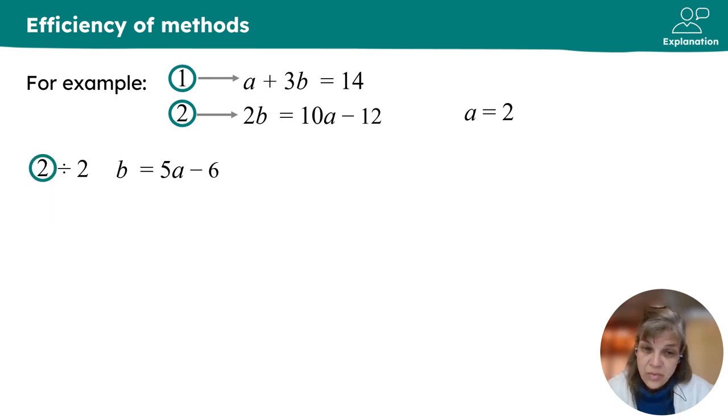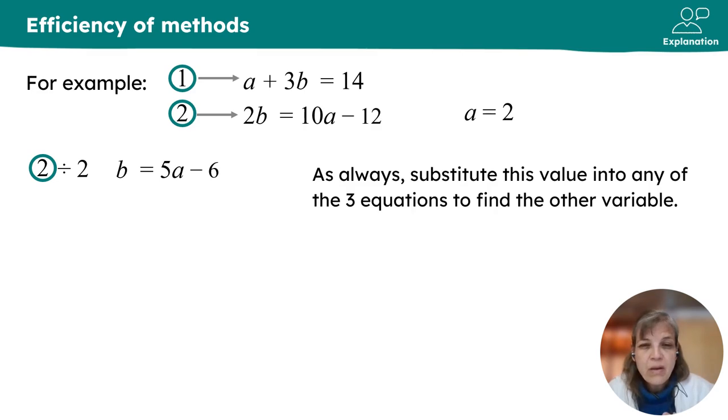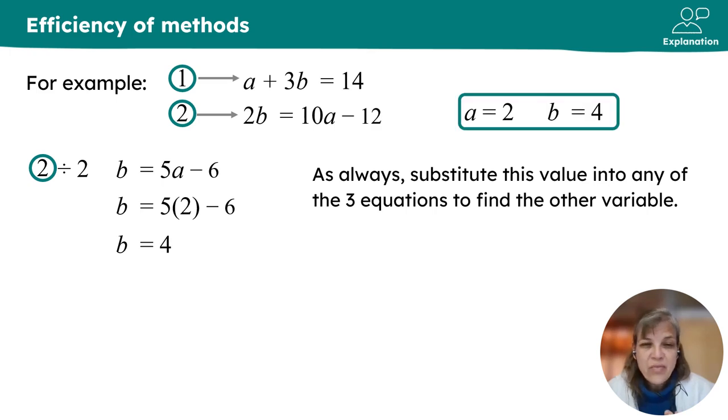If a is 2, then I can find out what b is by using either the first, second, or the third equation that I created by dividing. Then I can find out that b is 4. You can again try these values in any of the equations and they should work.